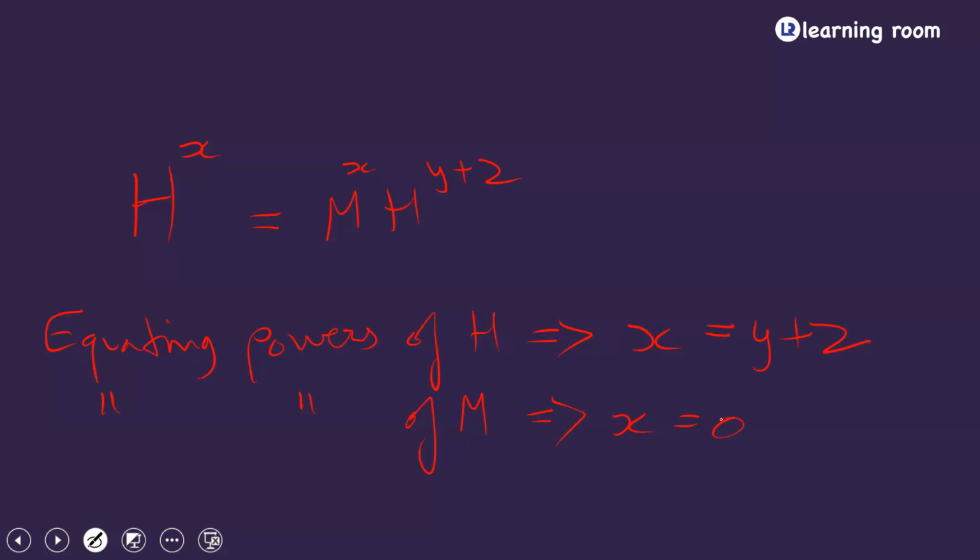Now if I'm equating the powers of M, so what is it equal to? This is clear. Follow the concept and then we do the doubt solving.